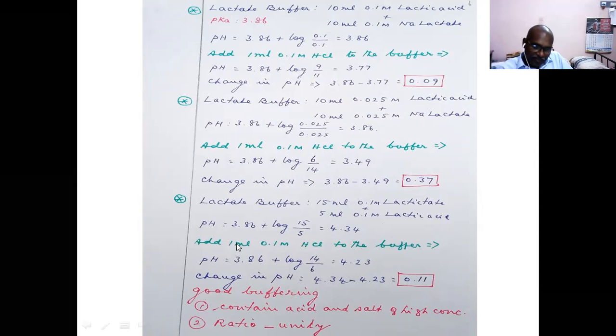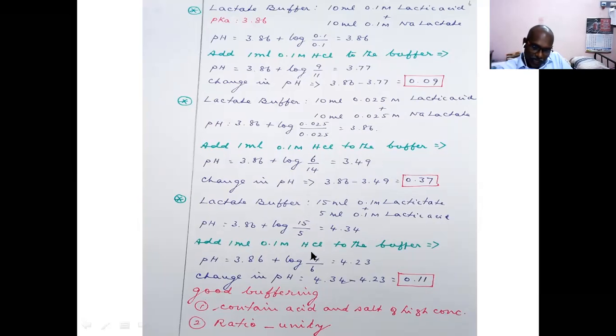So look here, after the addition of 1 ml of 0.1 molar hydrochloric acid, the pH of the buffer will now be 3.86 plus log 14 by 6. See, previously it was 15 by 5. Now it is 14 by 6. Why 14 by 6? That added 1 ml of 0.1 molar HCl has consumed 1 ml from the sodium lactate and added 1 ml to the acid solution.